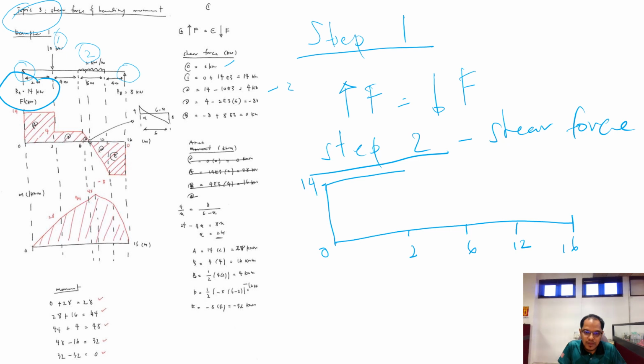So therefore 14 minus with 10 kilonewton is going to give you here 4 kilonewton. Okay, and then we're going to proceed the load up until 6.